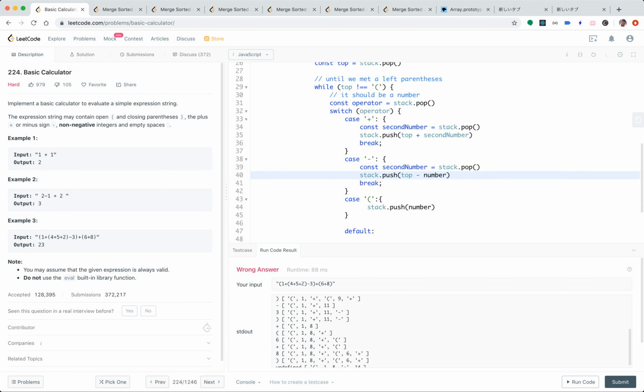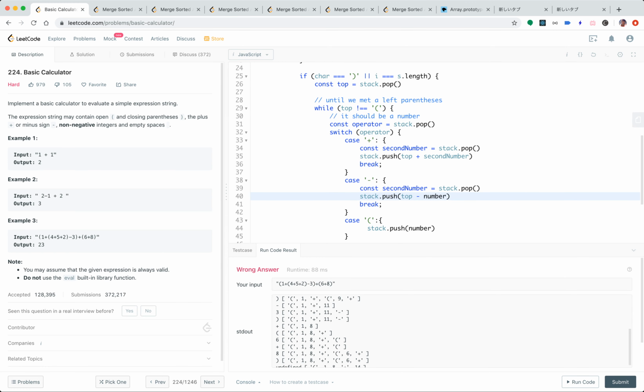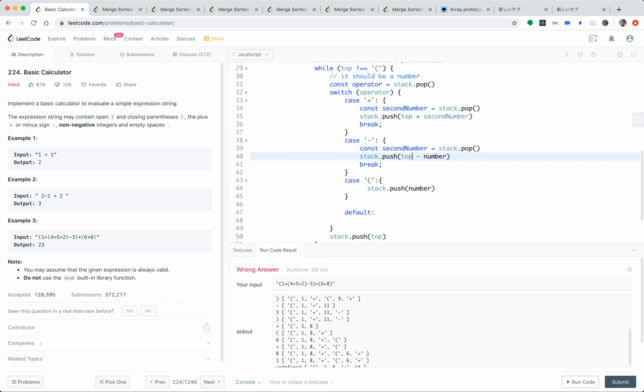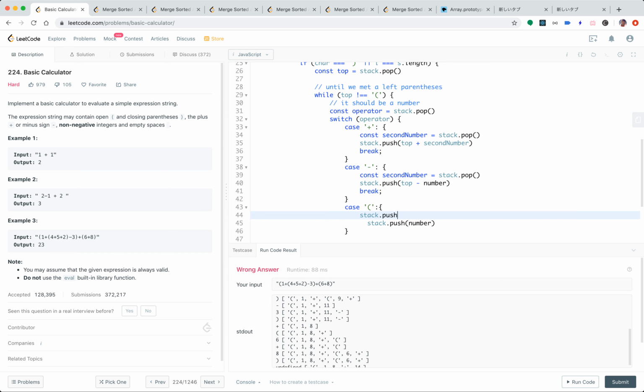If this one we should push back. When shall we break?